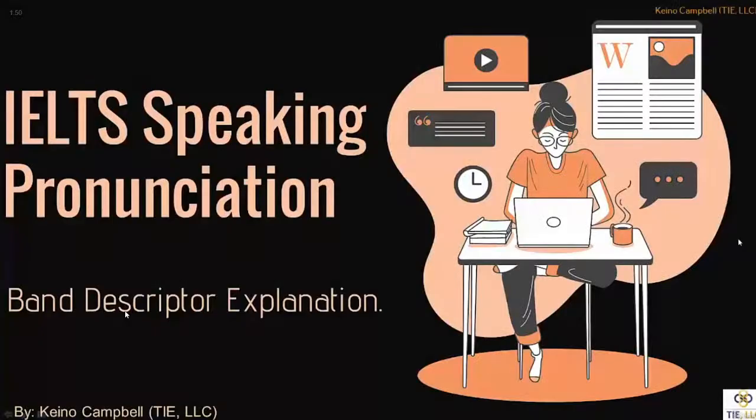So we're not going to get so much into teaching you pronunciation, but more into explaining the finer points of the rubric so that you understand what you need to do to achieve a great score in regards to pronunciation. I hope by the end of this lecture, you'll have a greater grasp on what it means to have great pronunciation on the IELTS speaking test. So let's get started.